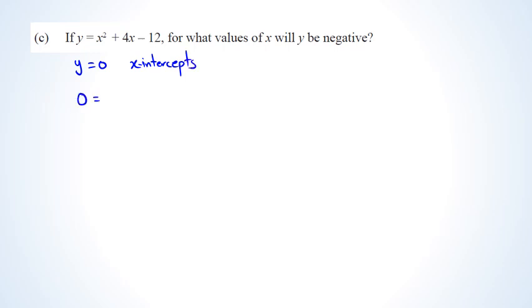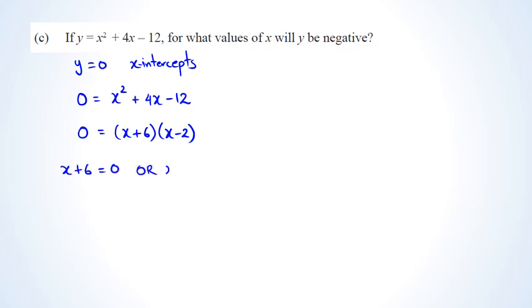So I'm going to have 0 equals x squared plus 4x minus 12. When I factorize this, I get x plus 6 and x minus 2. And when I solve these two equations, x plus 6 equals 0, or x minus 2 equals 0, I'm going to get x is negative 6 and x is positive 2.